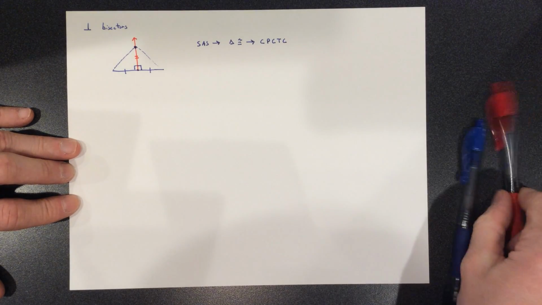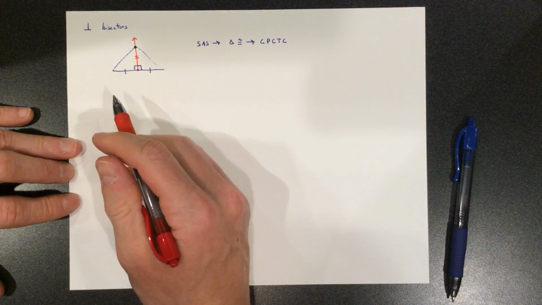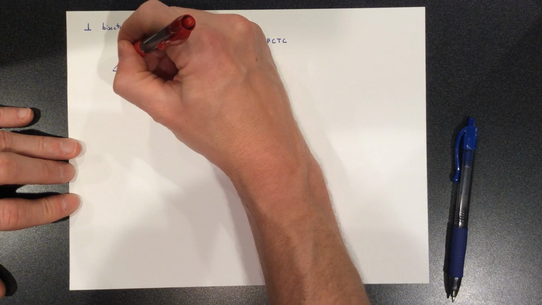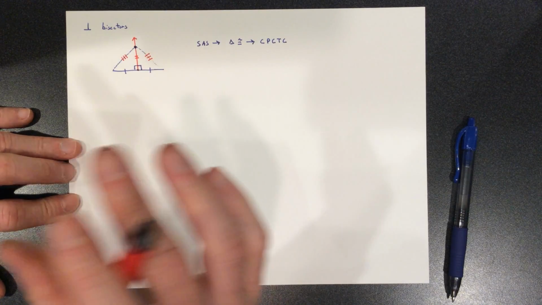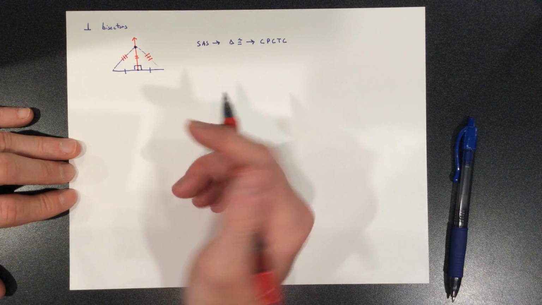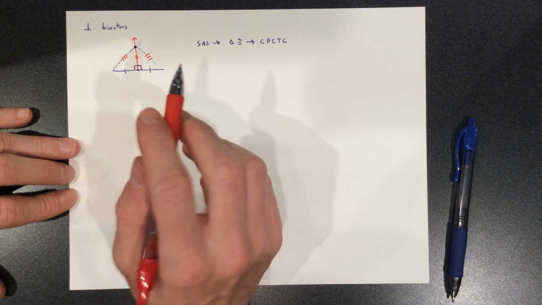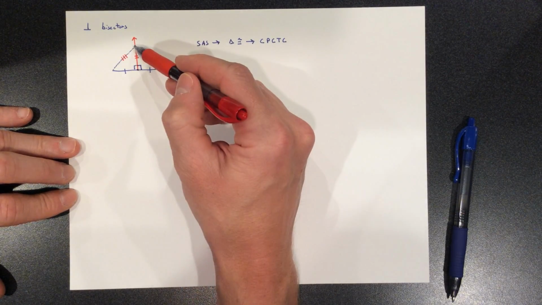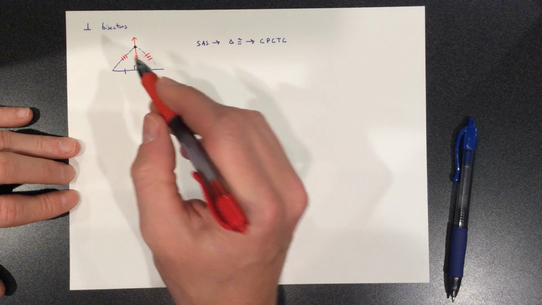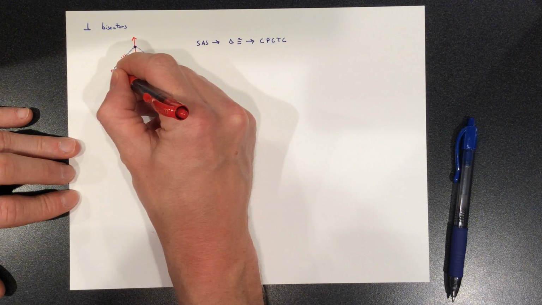So what do we now know? Well, now we know that every single corresponding piece is congruent, meaning that guy is congruent to that guy, which means what? What conclusion can we draw? We now can say that any point on the perpendicular bisector is equidistant from the two original endpoints.